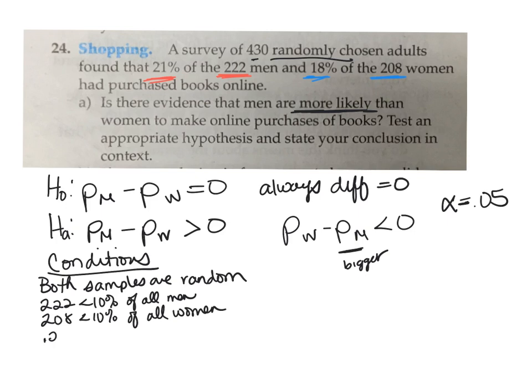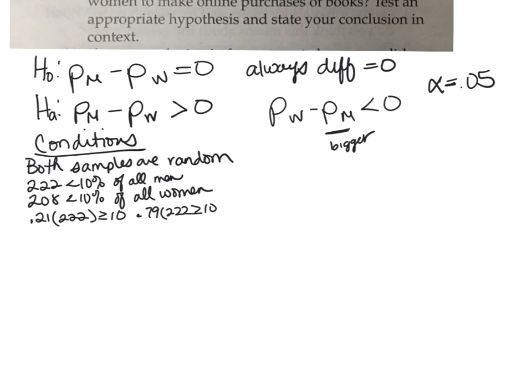So this is 0.21 times 222, which needs to be greater than or equal to 10, and 0.79 times 222, greater than or equal to 10. And then we're going to do 0.18 times 208 and 0.82 times 208.